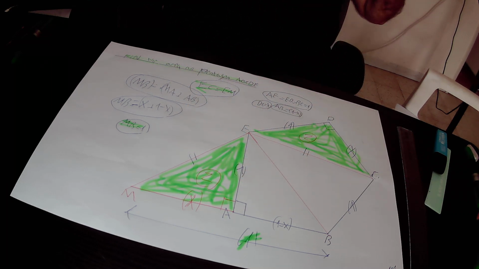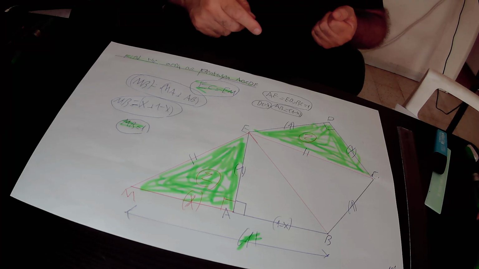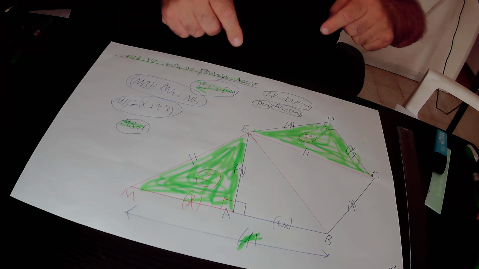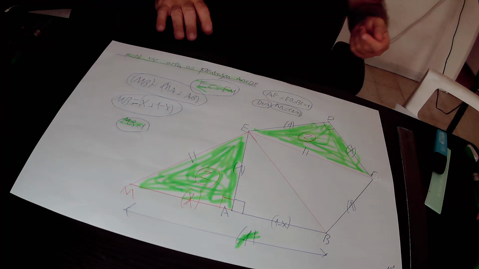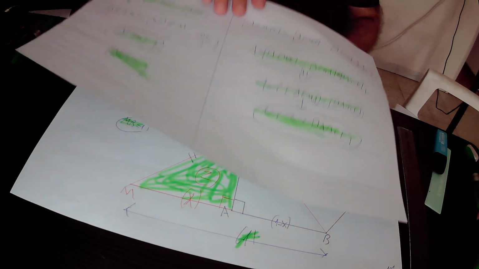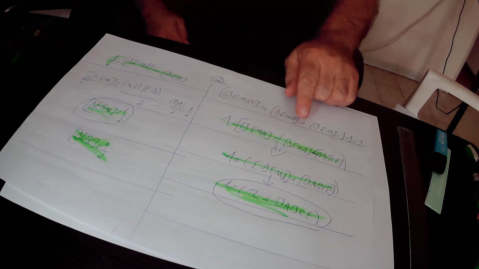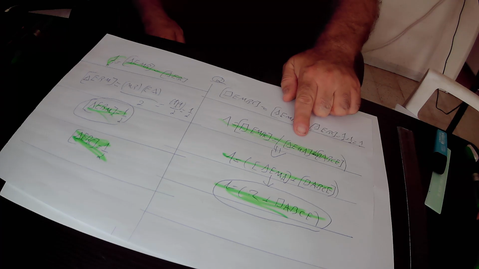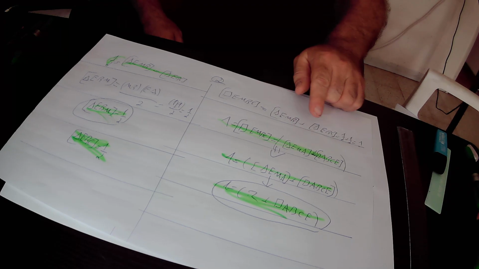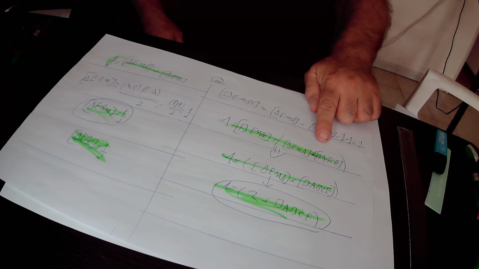And therefore, the area of the big quadrilateral EMBC must be equal to the sum of the areas of those two shapes. It is the area of triangle EMA, plus the area of the second shape, that is quadrilateral ABCE.